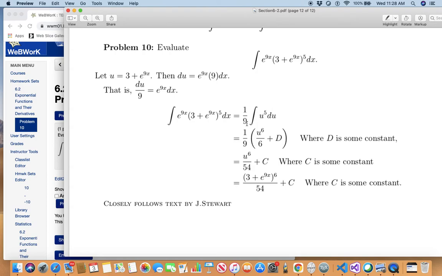Don't forget you have a 1 over 9. That constant I'm calling d. Now when I substitute the 1 over 9, I get u to the power 6 over 54 plus 1 over 9 times d, which is some new constant. The question was in terms of x, so the answer should be in terms of x. Replace u by 3 plus e to the power 9x. So that's your integral plus c.